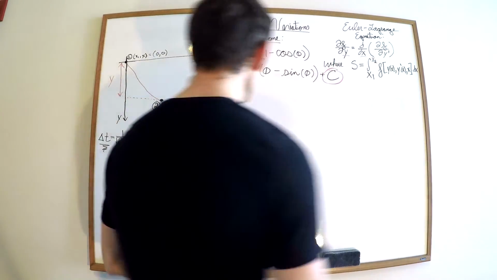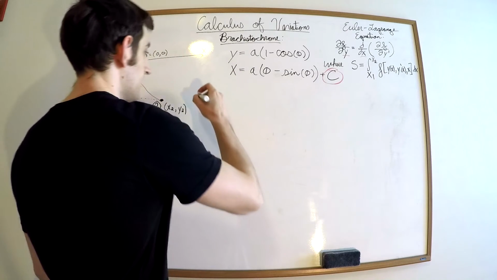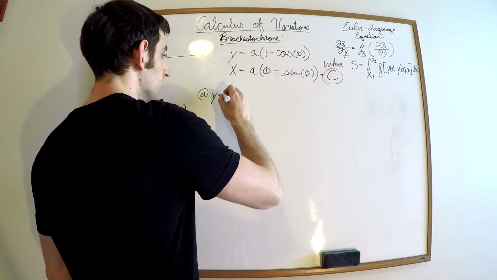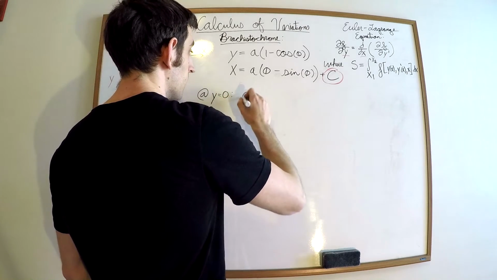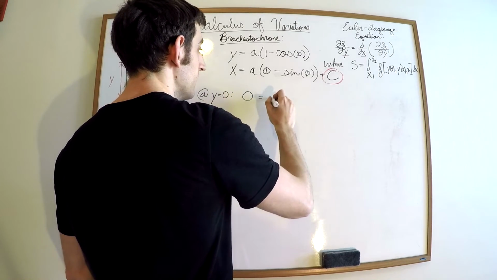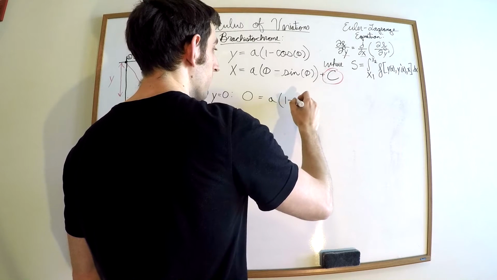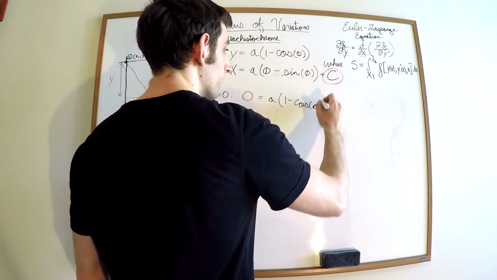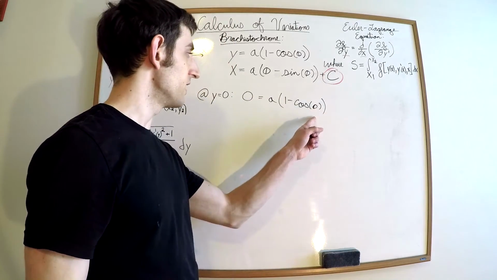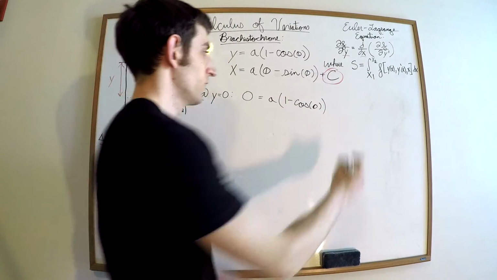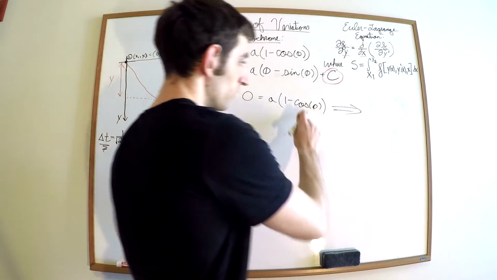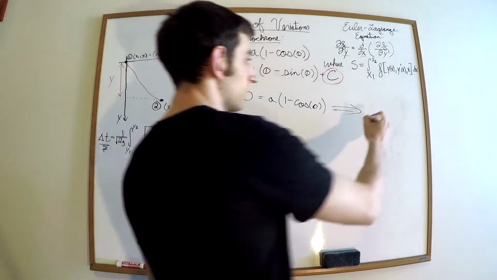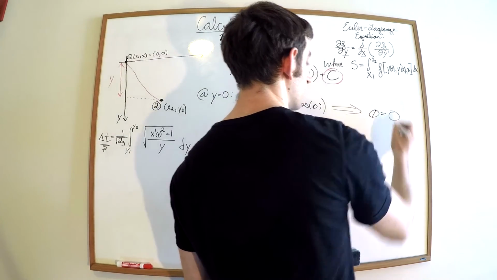So we know that at y equals 0, 0 equals a times 1 minus cosine theta. So what would theta have to be to guarantee this? Well, that's easy. When theta is 0, cosine 0 is 1. That would cancel this out, so theta must equal 0.